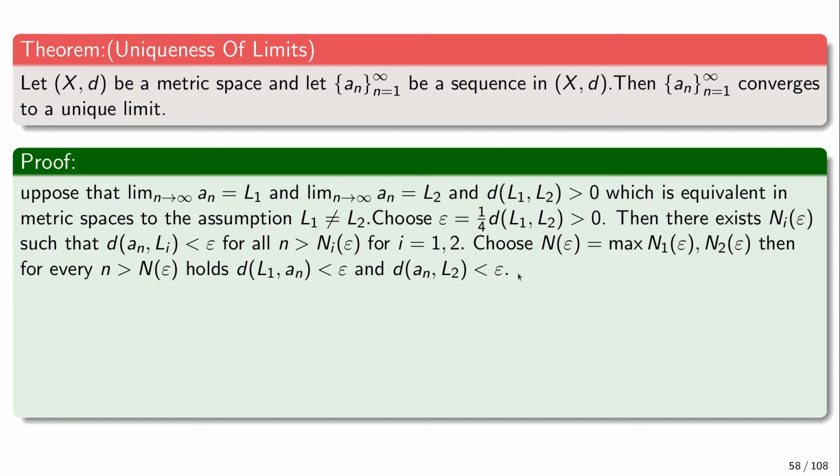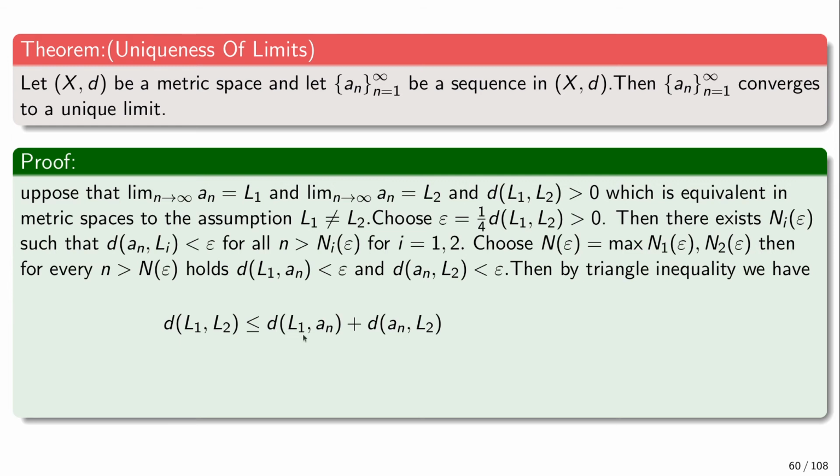So where's the contradiction? It will come from the triangle inequality. Let us consider the distance between L1 and L2. Now you see the reason for writing it this way, so that the triangle inequality becomes more apparent. The distance between L1 and L2 is no more than the distance of L1 to a_n, plus the distance of a_n to L2.